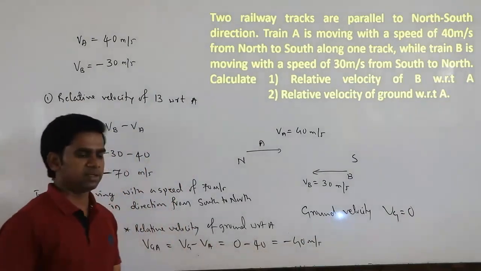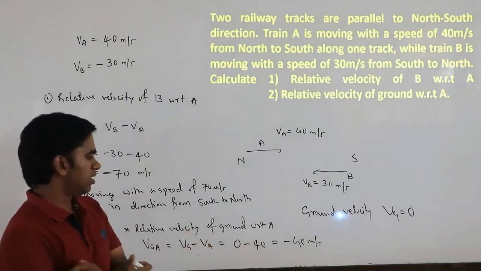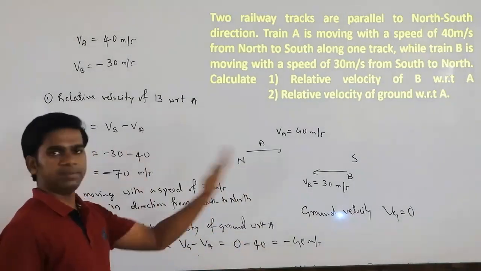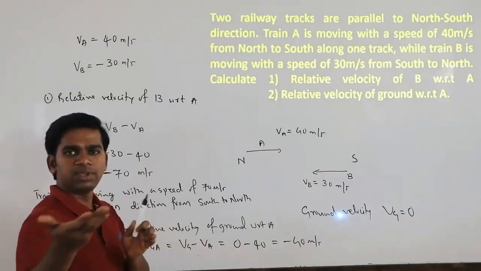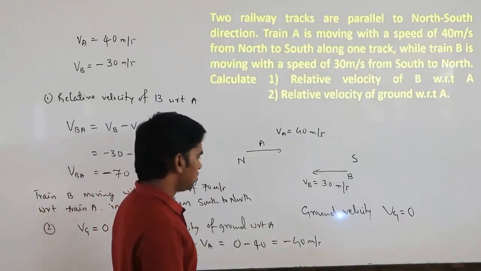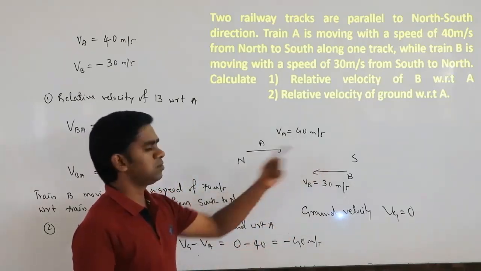What does it mean? Minus 40 meters per second means the ground is moving with 40 meters per second opposite to A. If you are moving in the train, the ground looks like it is moving in the opposite direction, so that is why you are getting negative. The ground seems to move from south to north.